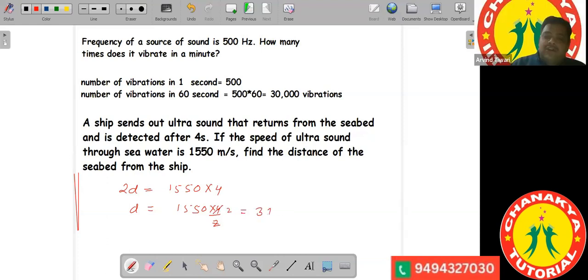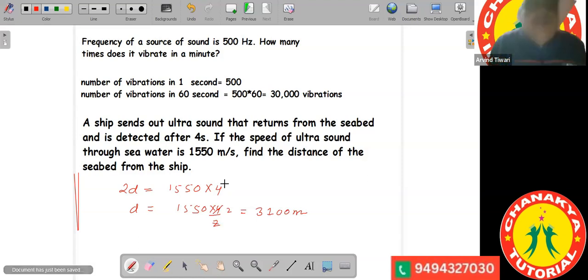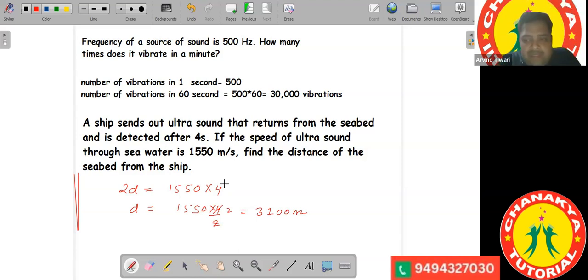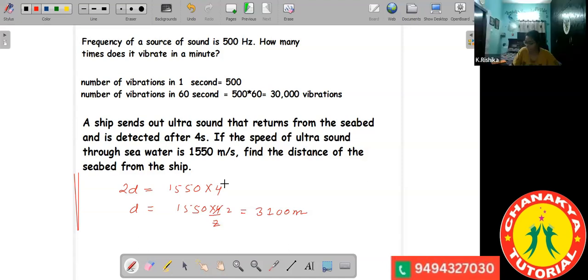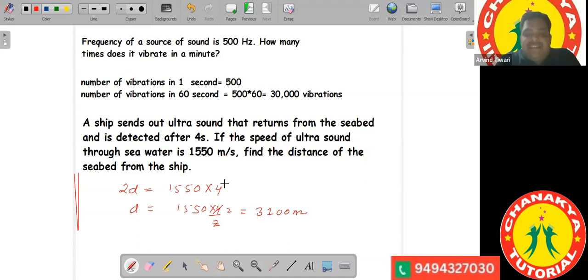So you get 3,100 meters. So the seabed is 3,100 meters away. Right? Yes, so that's the distance, 3,100 meters.